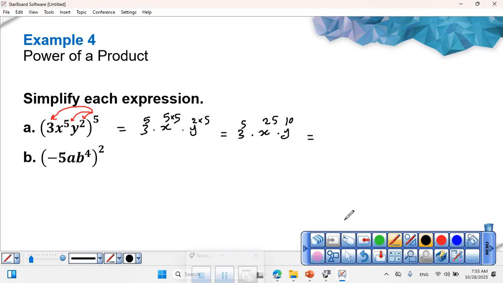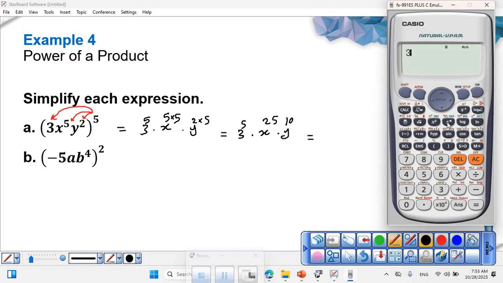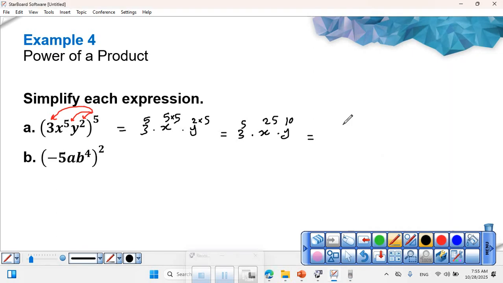What's the answer? Maybe you can use a calculator here. Yes, 3 to the power 5 is 243. 243 x to the power 25 times y to the power 10.